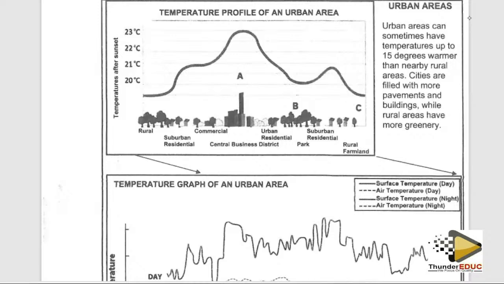Then here, urban areas can sometimes have temperatures up to 15 degrees warmer than nearby rural areas. Cities are filled with more pavements and buildings, while rural areas have more greenery. Right.